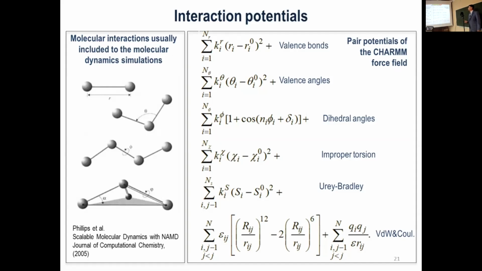Also some special potentials, improper torsion. It describes how one atom can go up from the plane of atoms, and also Urey-Bradley, which may be used or not, describing the interaction between non-bonded atoms, and long range electrostatic interaction and van der Waals interaction, which is usually modeled with the Lennard-Jones potential.